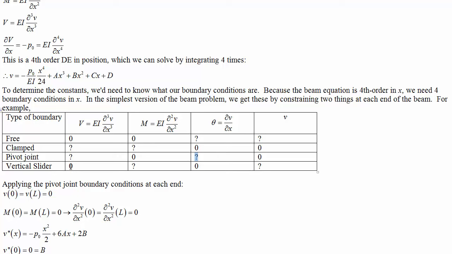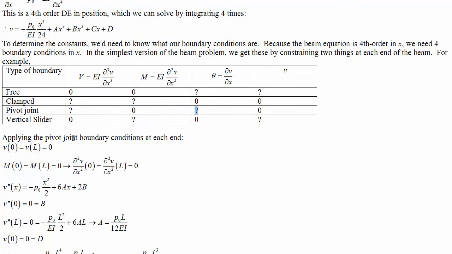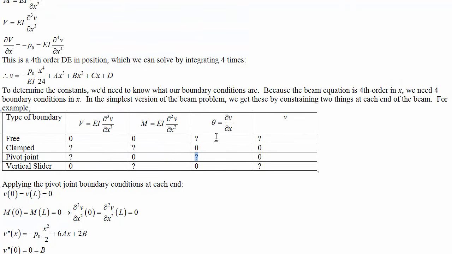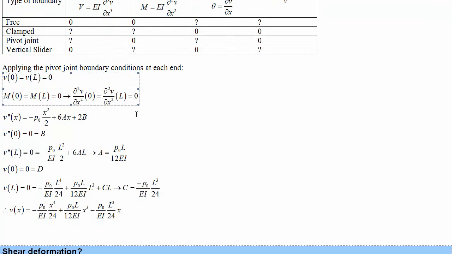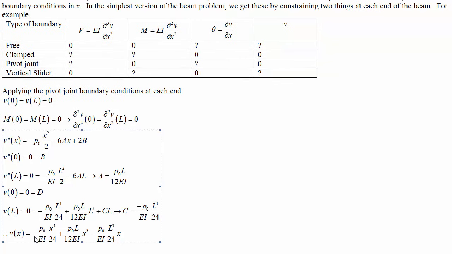So that means that it can't apply a shear force, but it'll apply whatever bending moment is necessary to stop an angle. If we apply the boundary conditions that we have for this problem, so pivot joint boundary conditions at each end, which say no moment applied and no displacement, then we can solve all of this and come up with the position the same as above.